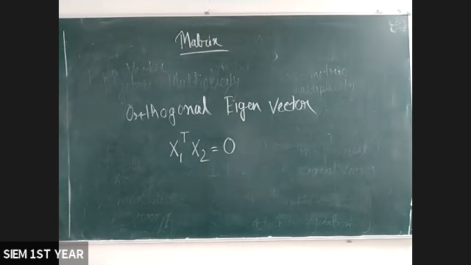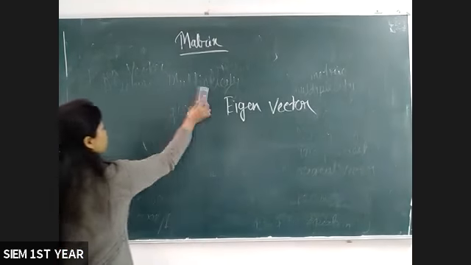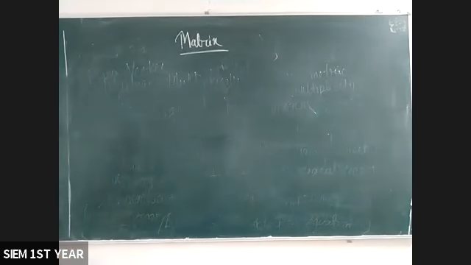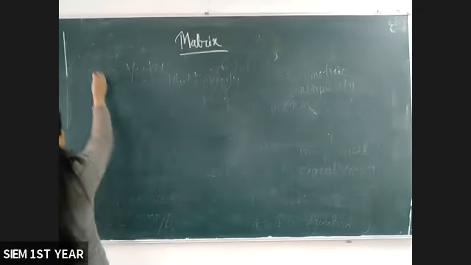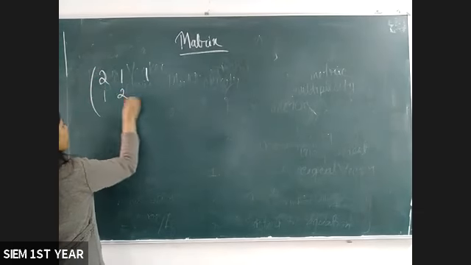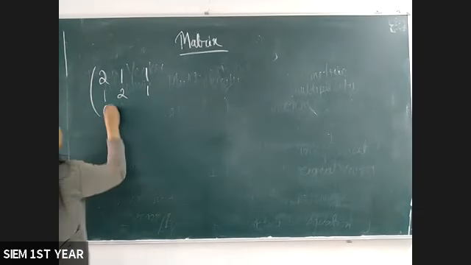Find the eigenvalues and corresponding eigenvectors of the matrix. The matrix given is 2 1 1, 1 2 1, 0 0 1.